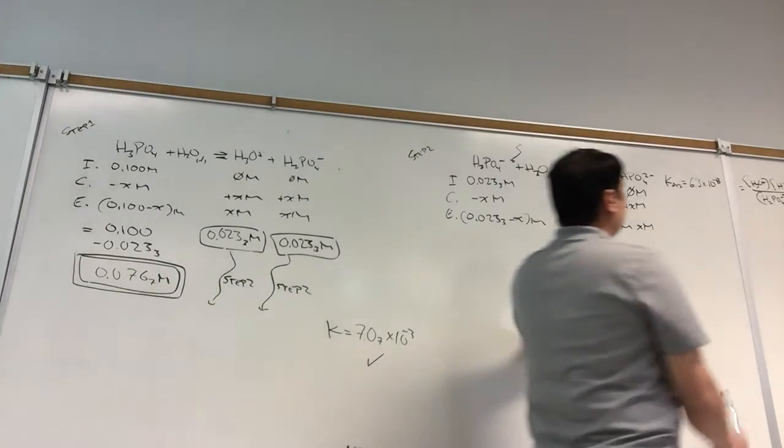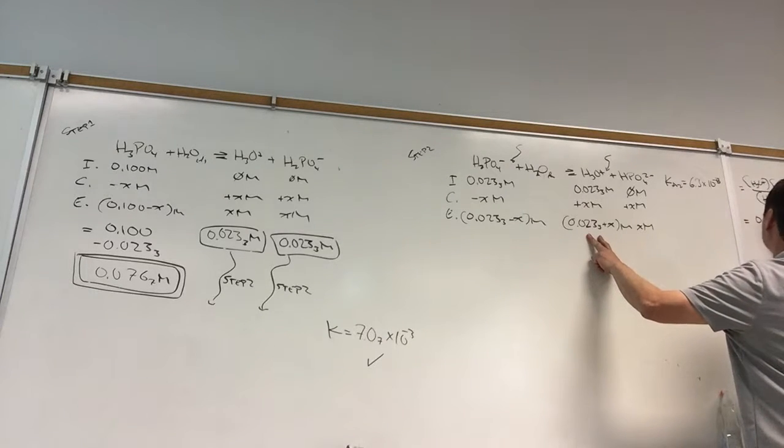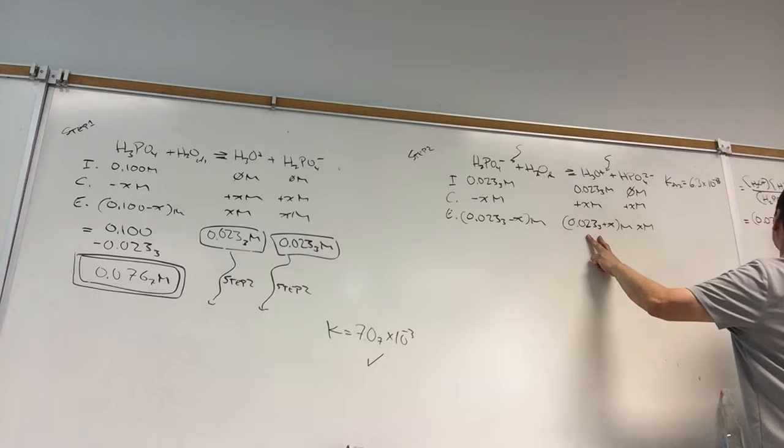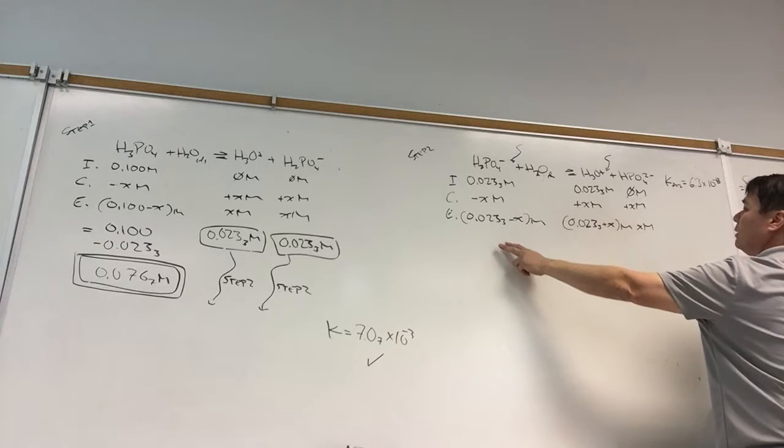Okay, so we need to solve for X. We have 0.0233 plus X times X divided by 0.0233 minus X.